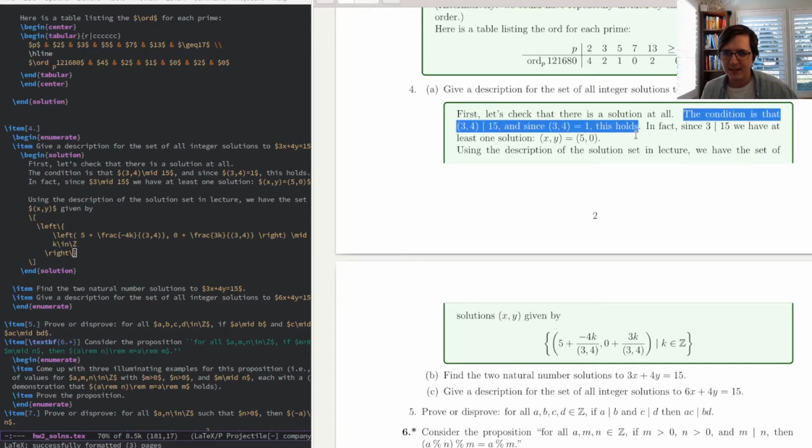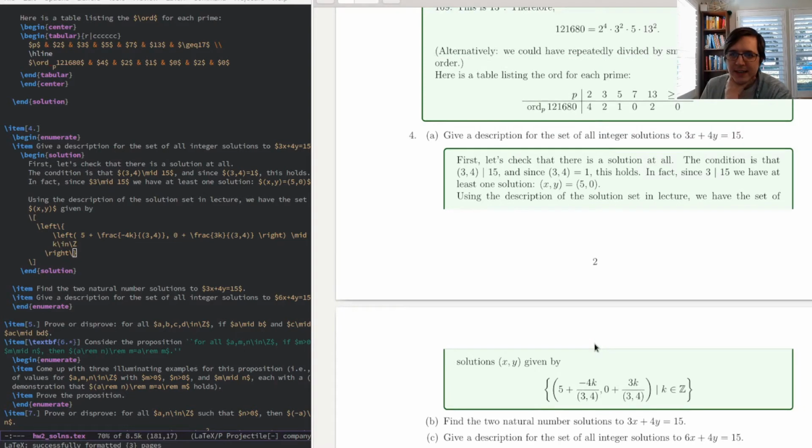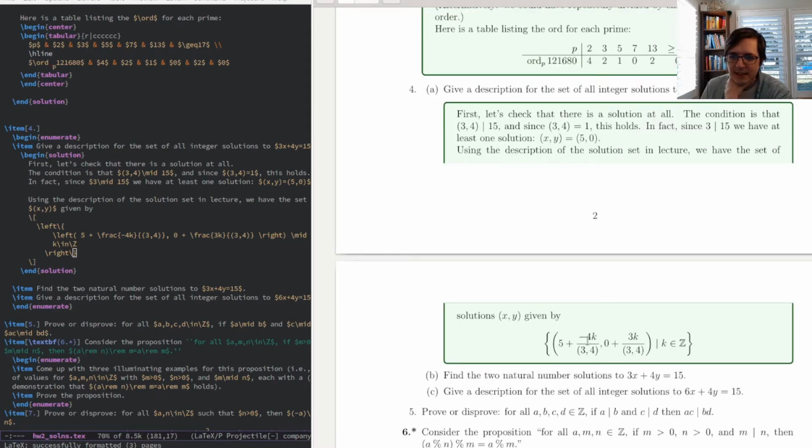So, this statement is unnecessary because we just wrote down a solution. But now, okay, so we've got this. What we want to check is that if we substitute in minus 4 over 1, 3 over 1, we get 0. And so 3 times minus 4 plus 4 times 3, those cancel out, and that's 0.